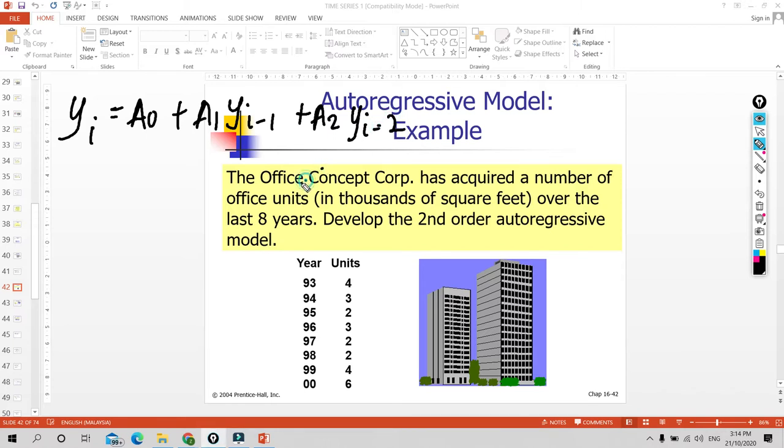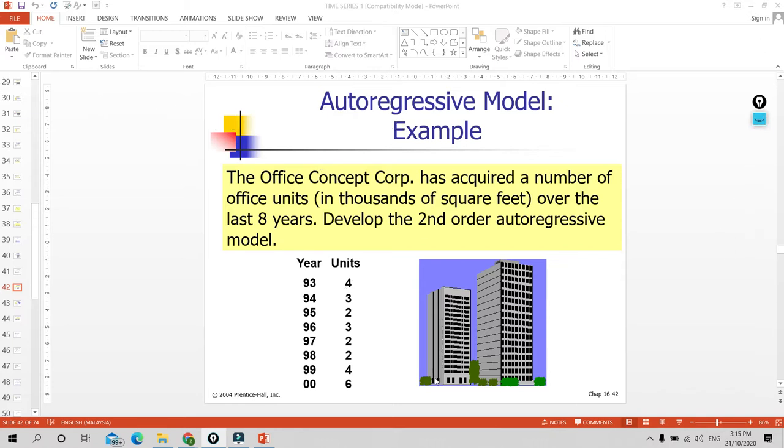This is the second autoregressive model. By looking at this example, we have sales for 1993 up to 2000, and we want to apply the second autoregressive model. So then we can go to this one.